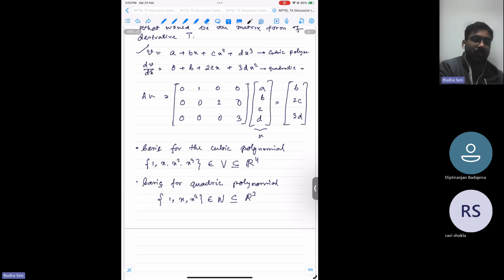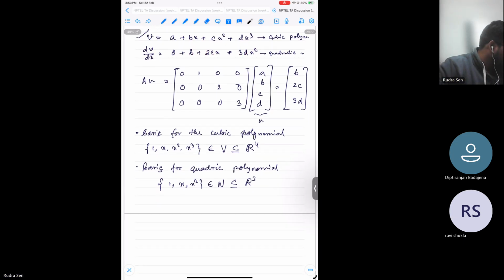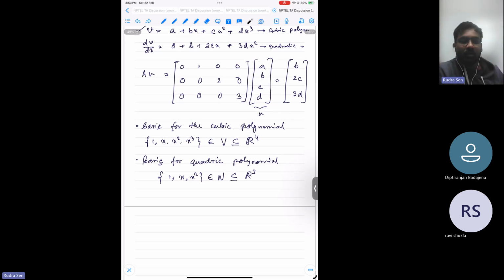Any vector in that vector space should be a linear combination of the basis vectors. Similarly, dv/dx is another vector in vector space W, and it is the linear combination of these three terms, 1, x and x square, where the coefficients are b, 2c and 3d. Similarly, integration, because integration is basically the inverse of derivative, is also a linear transformation.